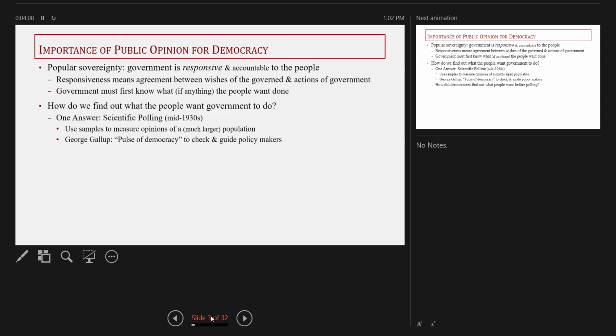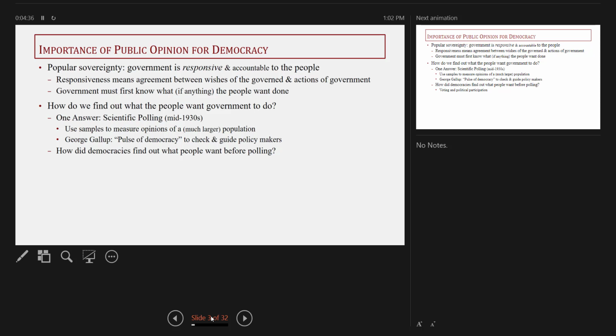Gallup thought this was going to be a great boon to democracy because it would allow a relatively quick way for government officials to check what the people want and to provide guidance for what policymakers ought to do. We're going to find out in a minute that Gallup's enthusiasm for public opinion polls is a little overblown.